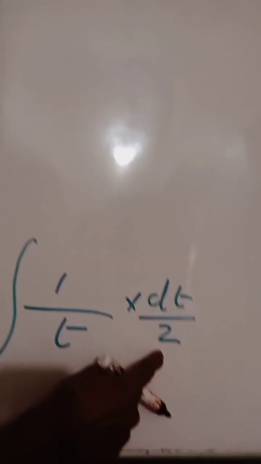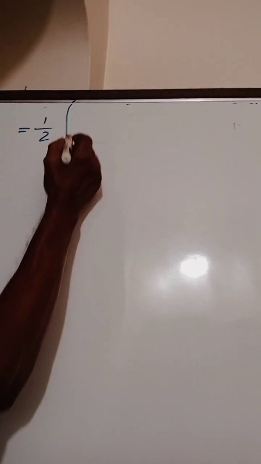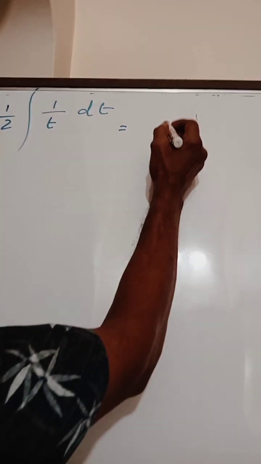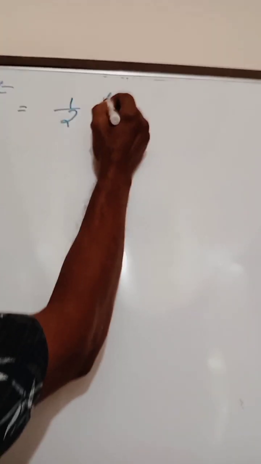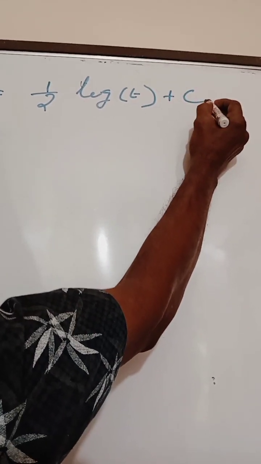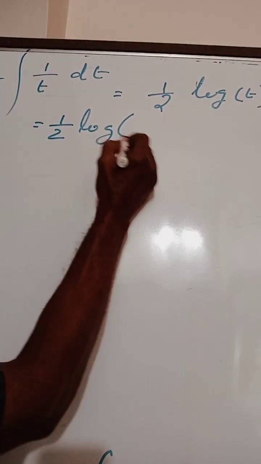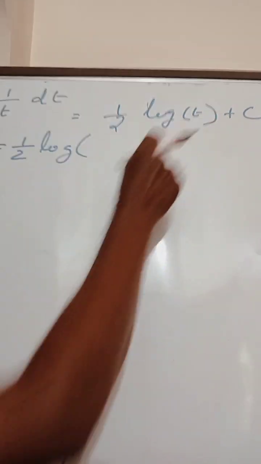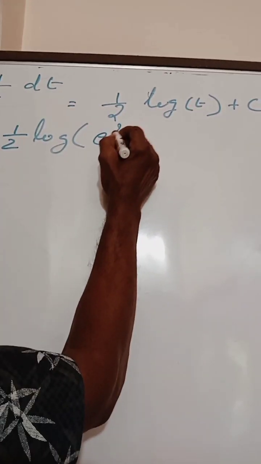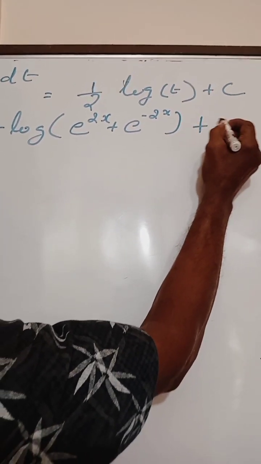We can take 1 by 2, which is constant, outside of integration: 1 by 2 into integration of 1 by t dt is equal to 1 by 2 into log t plus c. That's equal to 1 by 2 into log, instead of t we replace e raised to 2x plus e raised to minus 2x, plus c.